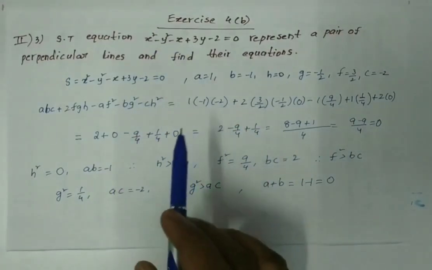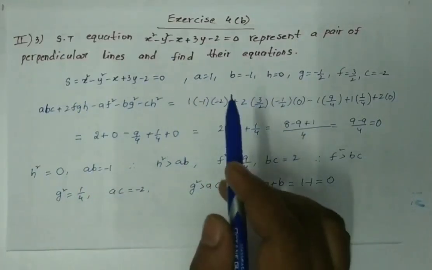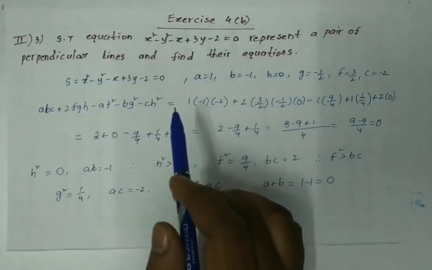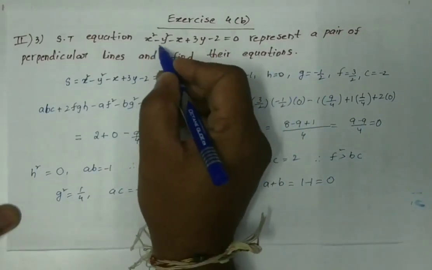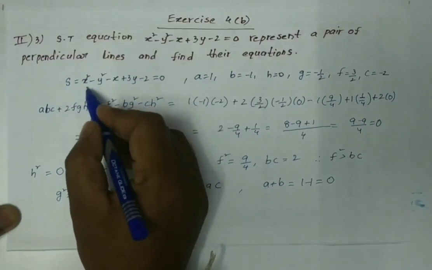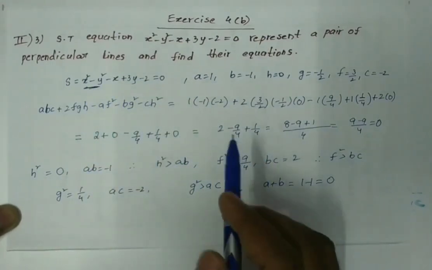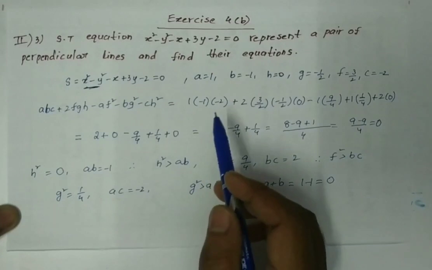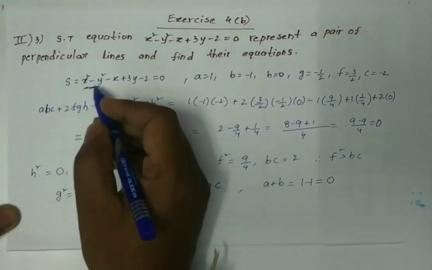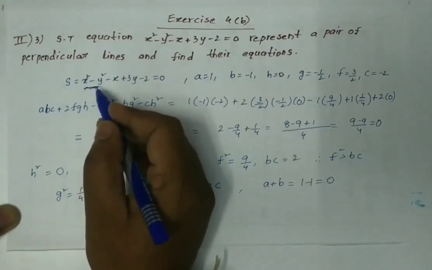In the non-homogeneous second degree equation, x square minus y square is the homogeneous second degree equation.